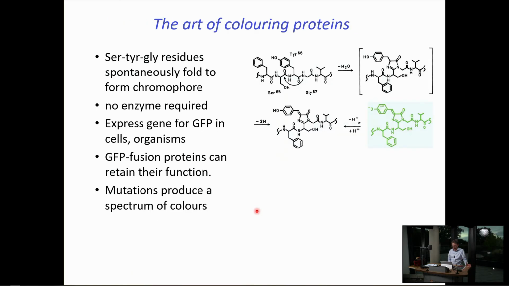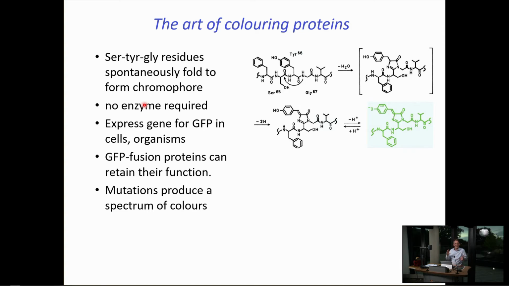And so the amazing thing about this protein, this green fluorescent protein, as the original variant is called, is that it contains a series of residues, just 3 residues, that fold spontaneously in almost any environment, whether it's a mammalian cell or whether it's a jellyfish or whether it's a bacterial cell.